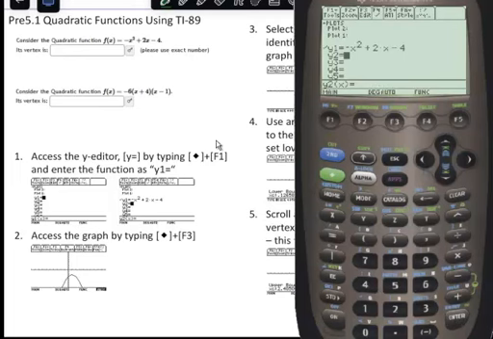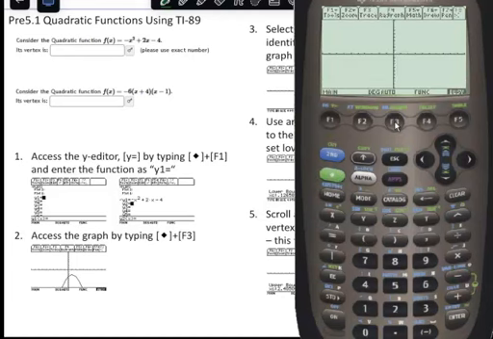What I can then do is view what this looks like on my graph. If I hit diamond F3, this little green graph command here, it's going to sketch the graph of this parabola. Once I'm in the view where I can look at the graph, I can find the vertex by locating the F5 Math tab.